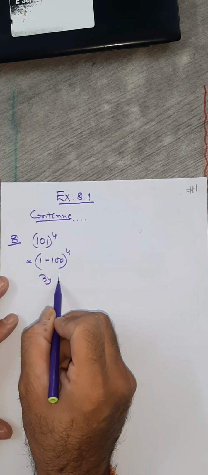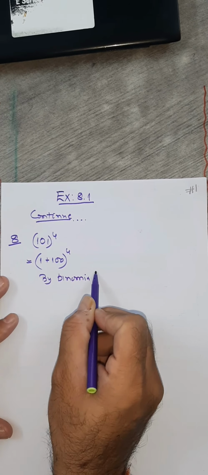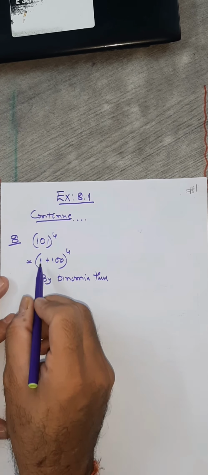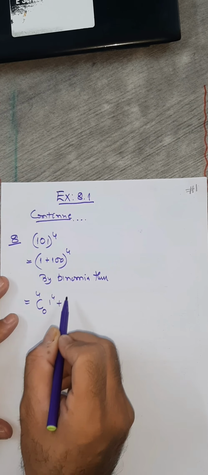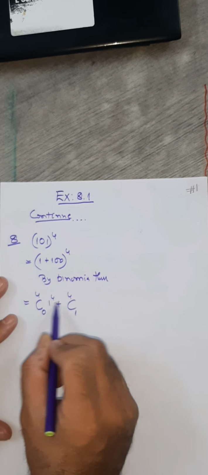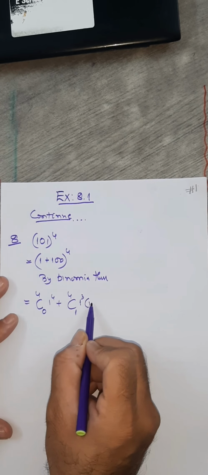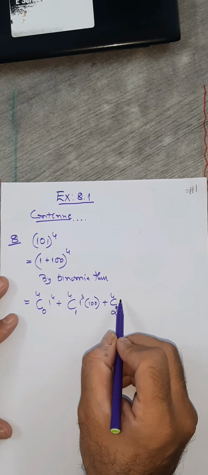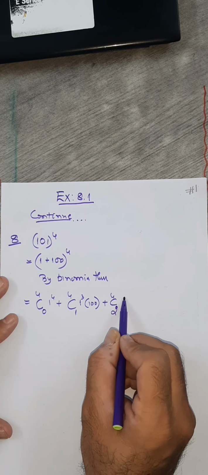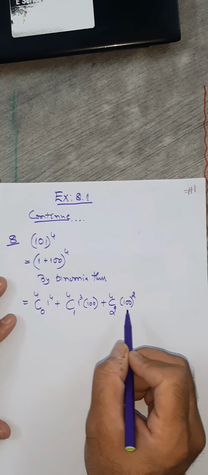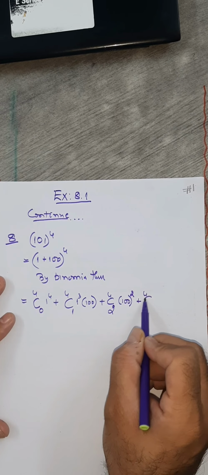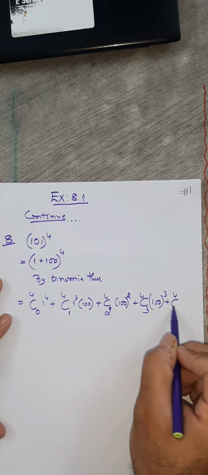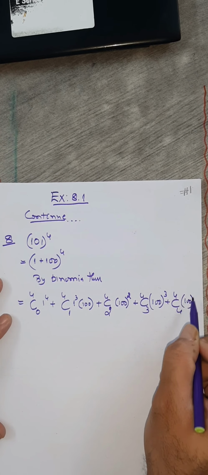By binomial theorem, what is the expansion? 4C0 into 1 raised to 4, 4C1, now decrease the power of 1, which is 1 raised to 3 into 100, plus 4C2, no need to write the power of 1 because it's always 1, so you write 100 square, plus 4C3 into 100 cube, and finally the last term 4C4 100 raised to 4.